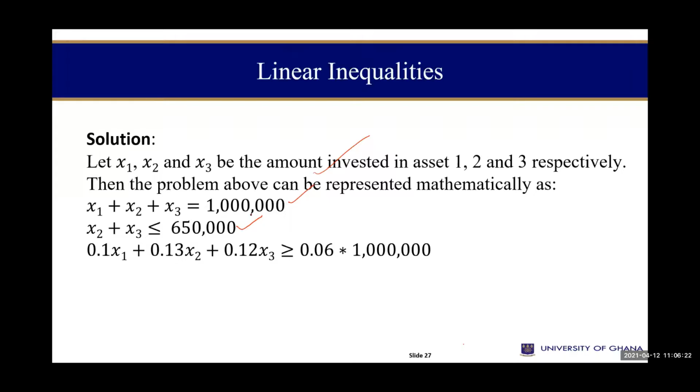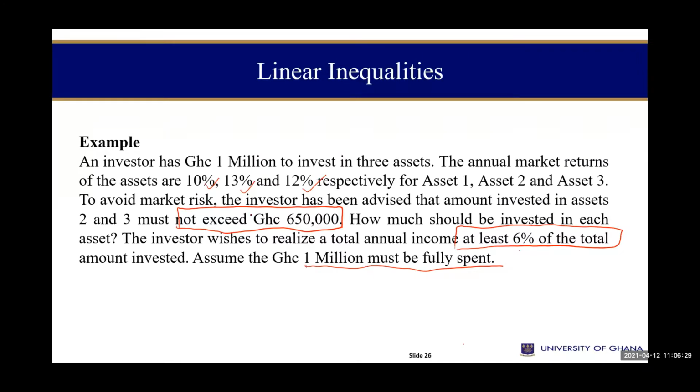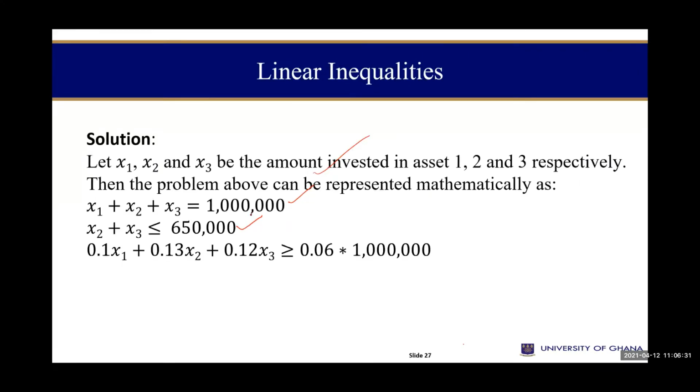We are also told that the annual income we are expected is at least 6%. At least means that you cannot go below, but it is either the same amount or more than that amount. Asset 1 is 10%, so that's 0.1x1. Asset 2 is what? 13%, so 0.13x2. And 0.12x3.